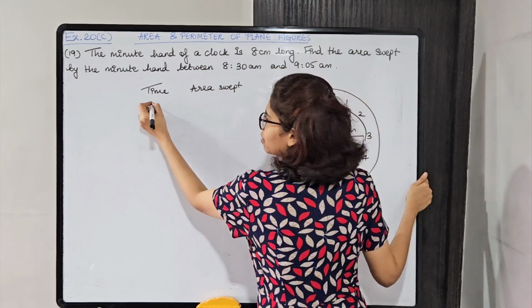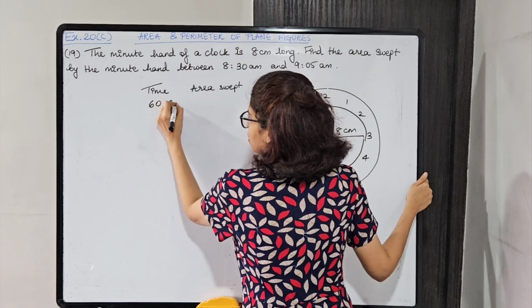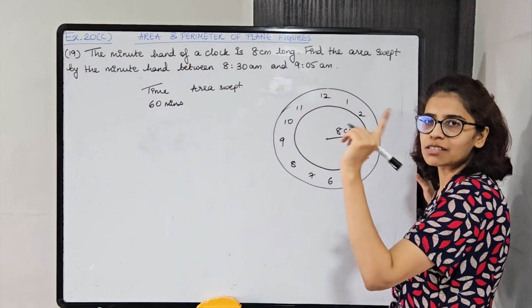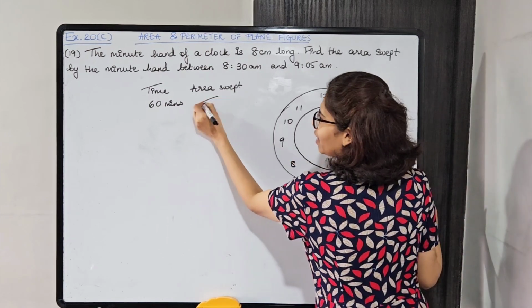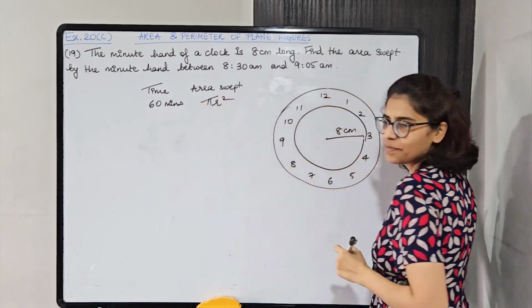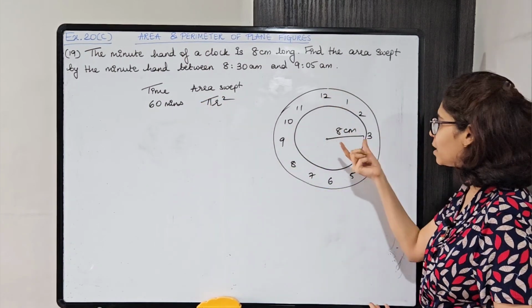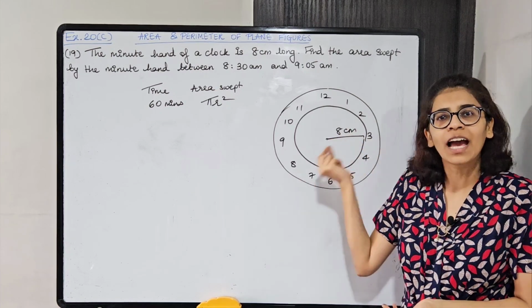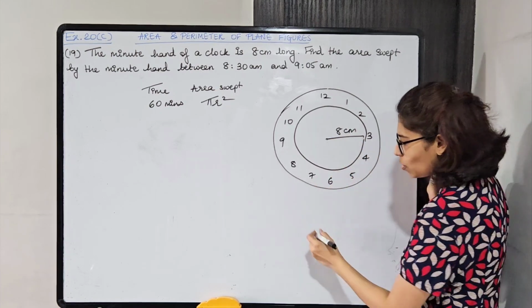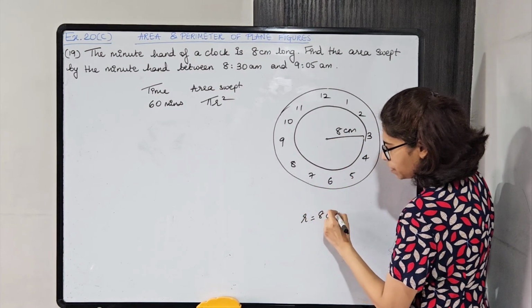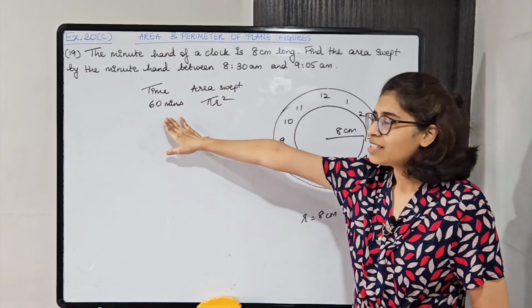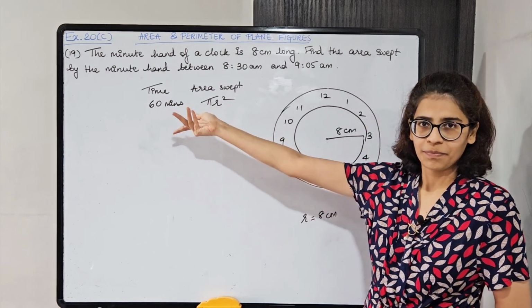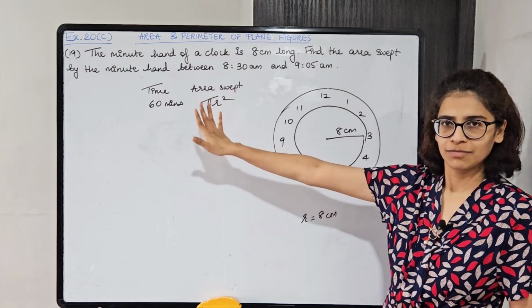In 60 minutes, it completes one circle. That is area of circle, which is pi r square, where r is nothing but the length of the minute hand. Okay, so r is 8 cm. So I can easily find out the area in 60 minutes, है ना? Putting the values of pi and r.